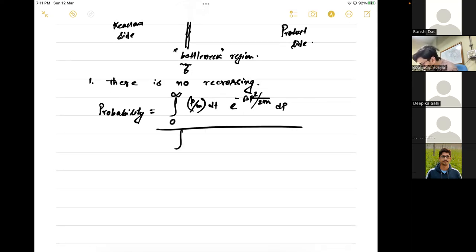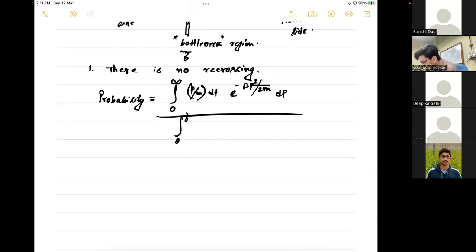Then normalized with 0 to delta, because that's the length scale, and then minus infinity to infinity, the whole range of momentum, dp, e to the power minus beta p squared divided by 2m, right?